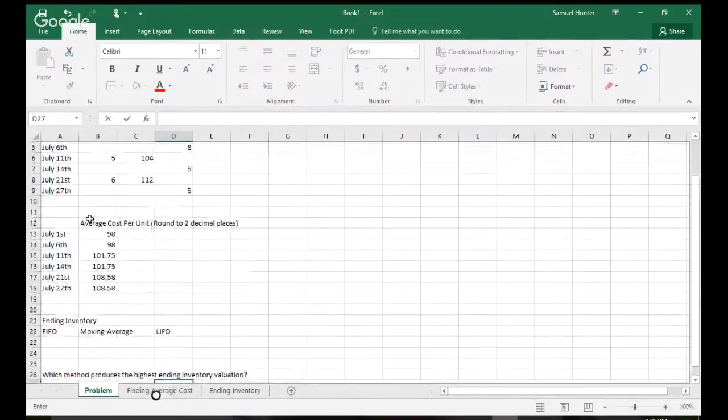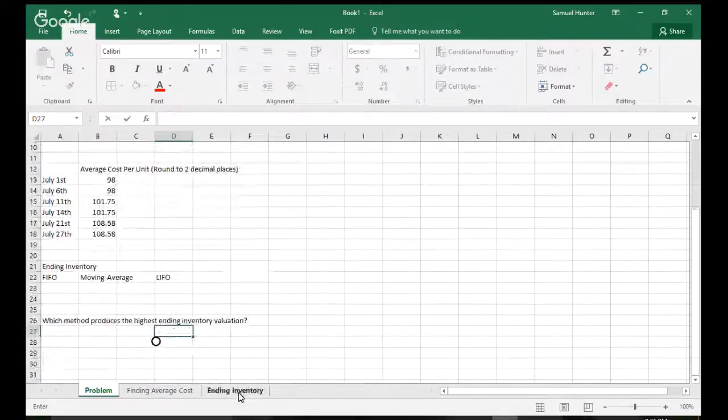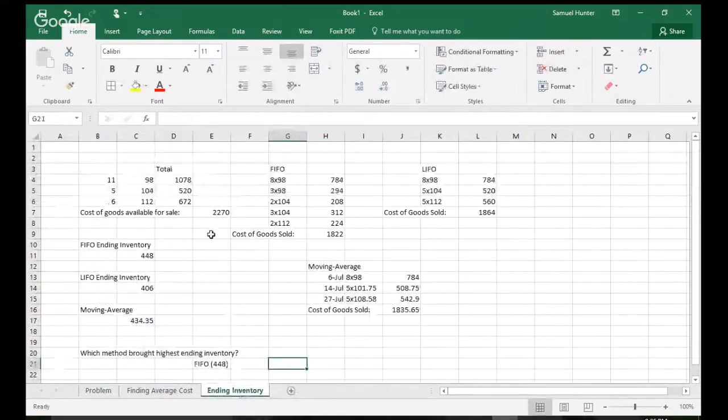So for first in, first out, we're going to go find the inventory. First we'll find the cost of goods available for sale. The first purchase we made was 11 units at 98, for a total cost of 1,078.